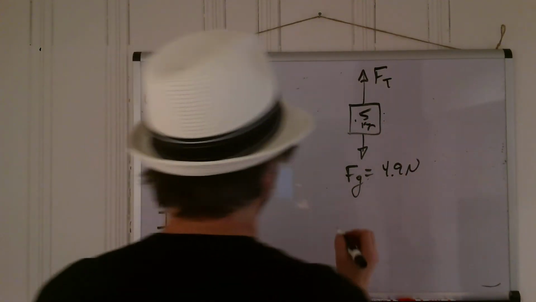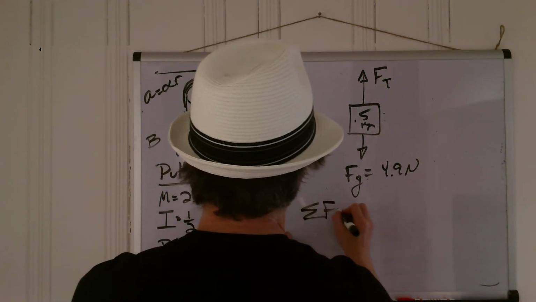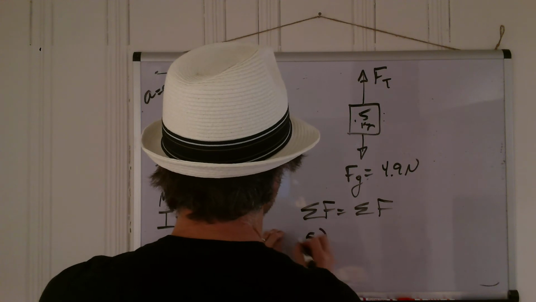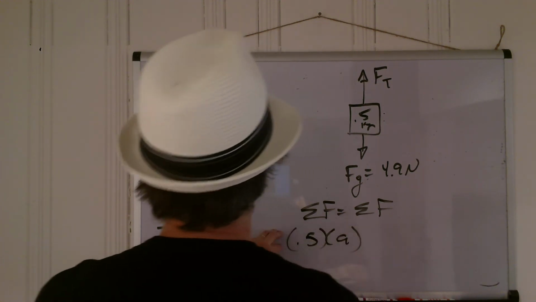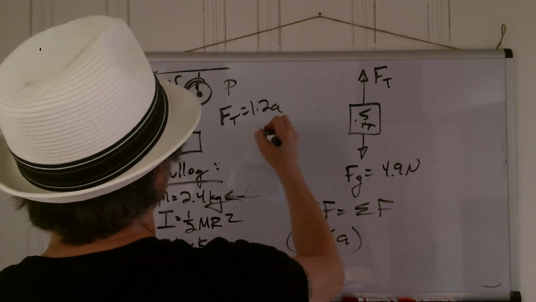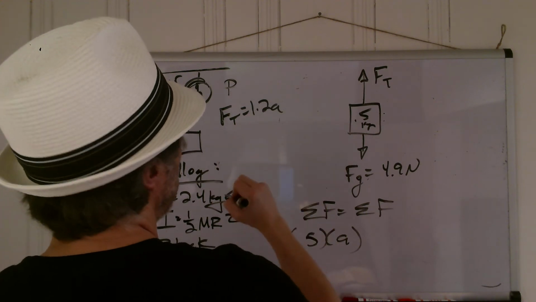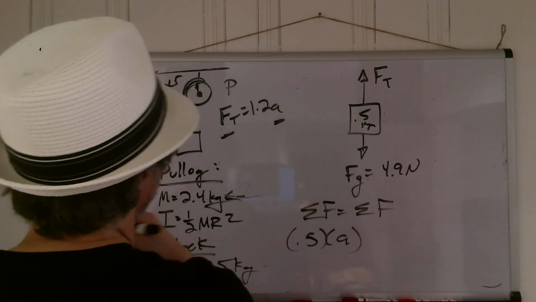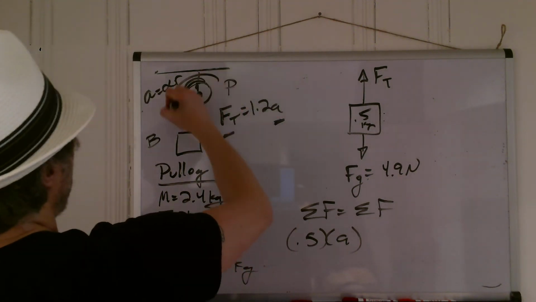If I do net force equals ma, I get mass times acceleration. Here I'm assuming that my tension is positive, which is going to make my acceleration positive. Basically, everything's going to accelerate this way.